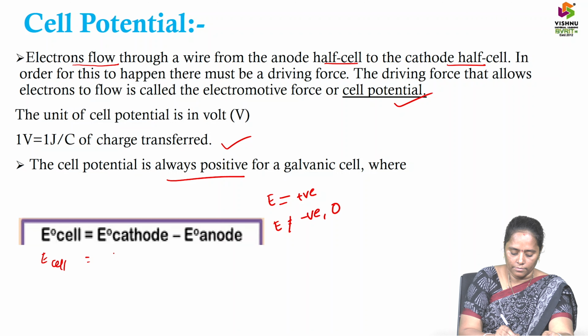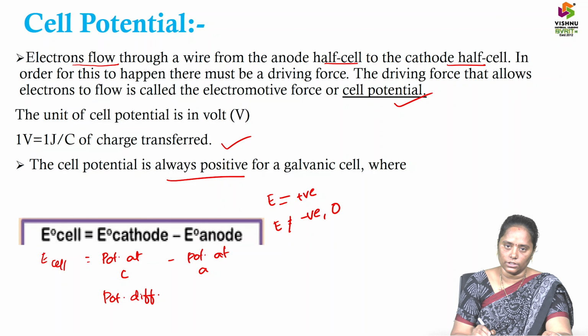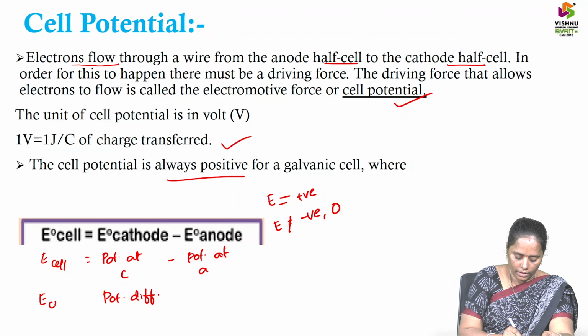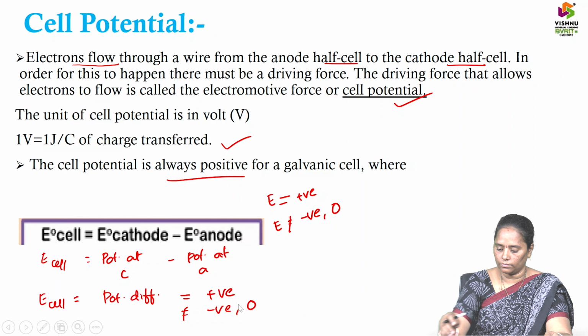Electromotive force is the potential at cathode minus the potential at anode. The difference in potential of the two electrodes can be considered as E cell, which should always be positive, not negative or zero.